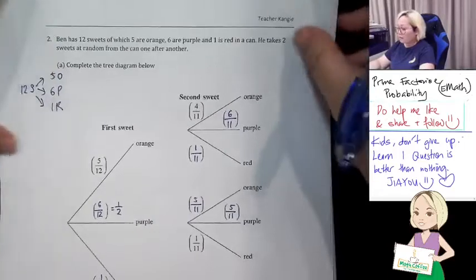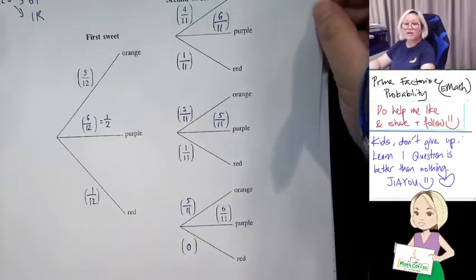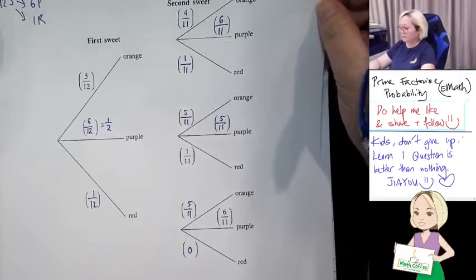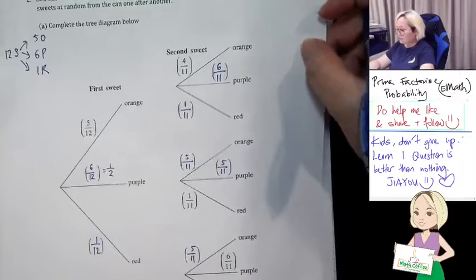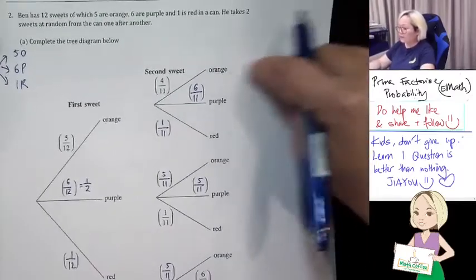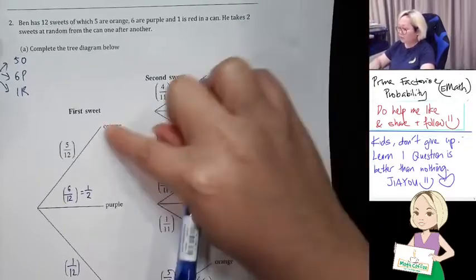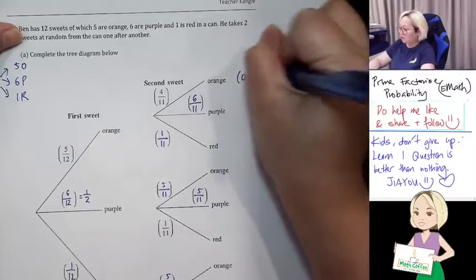So far, okay? You all must know how to fill up this tree diagram. After filling this up, what I want you to do is, at the side here, write out, this is OO, so you will write that this is orange, orange.